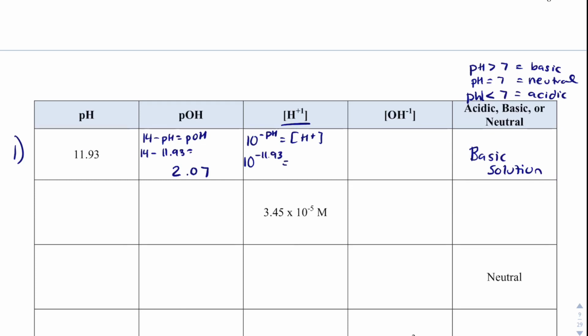And I'm always expecting like a decimal and a small number here, just so you know. I get 1.17 times 10 to the minus 12. And that unit is molarity. To get the hydroxide concentration, I'm going to take 10 to the minus pOH. And that gives me hydroxide. So I'm going to take 10 to the minus 2.07.